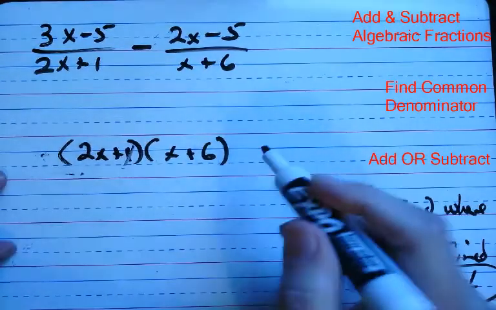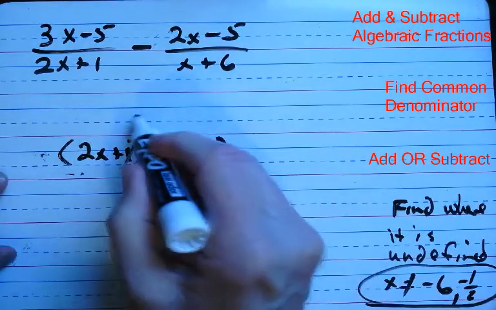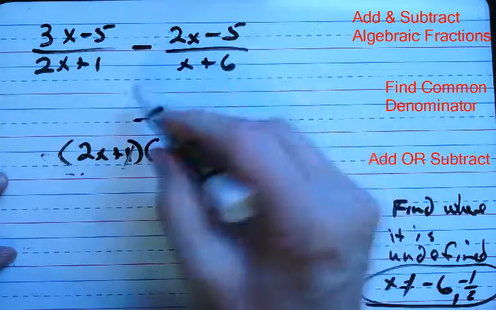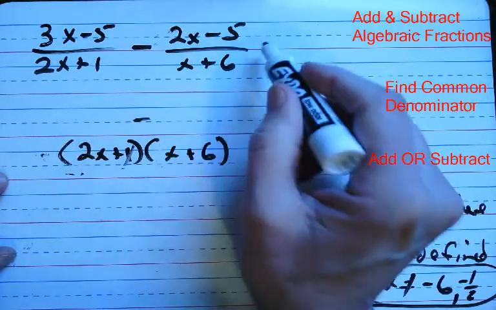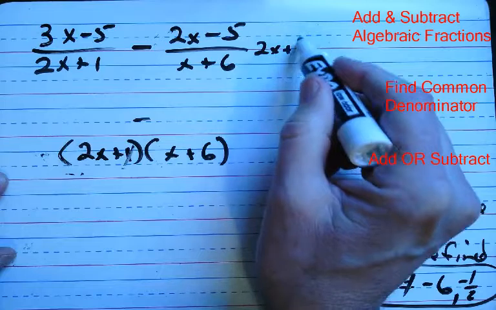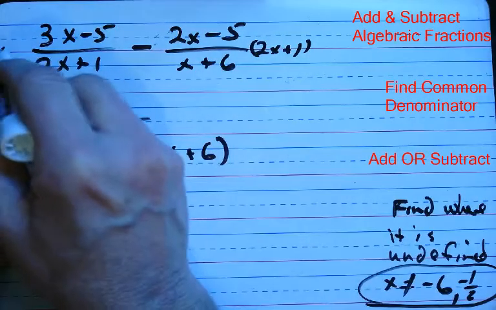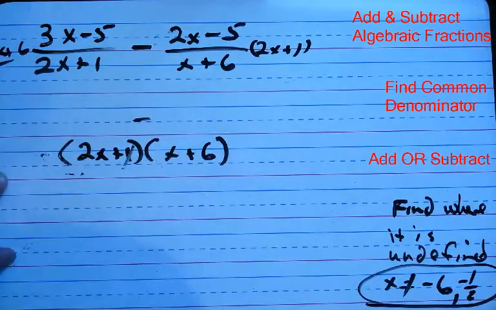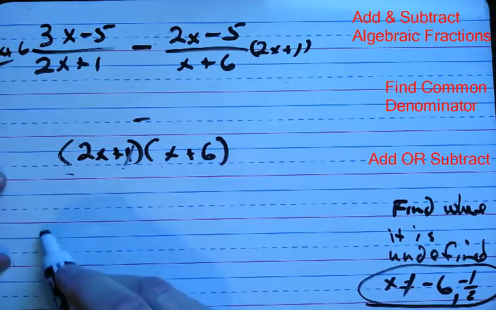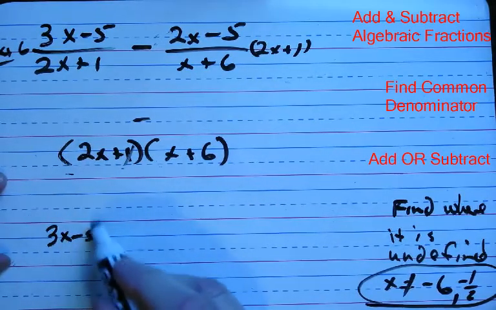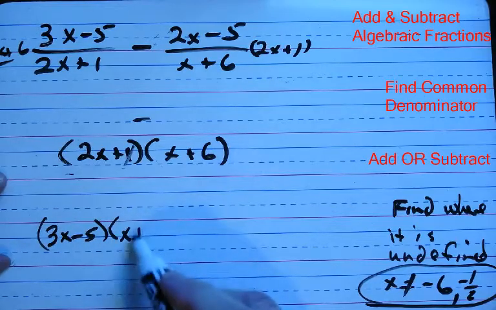So what am I supposed to do? Well, I am supposed to figure out what am I multiplying by. Well, I have to multiply this one by 2x plus 1 and this side by x plus 6, right? Yes. Okay. So I'm going to do that down here so you can watch me do it. 3x minus 5 times x plus 6.